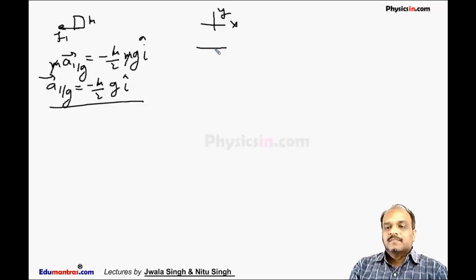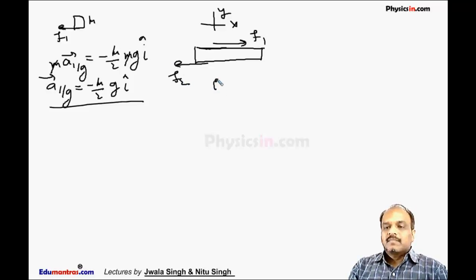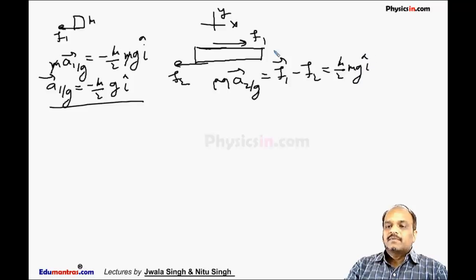Now in the same way, if we draw the free body diagram of this plank, the friction force F1 is acting in forward direction, F2 is acting in backward direction. So we can say mass into acceleration of plank 2 with respect to ground is equal to F1 minus F2, that is equal to mu by 2 small m g i cap minus mu times small m plus capital M into g i cap.